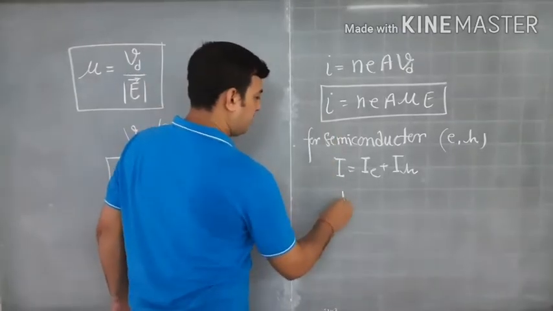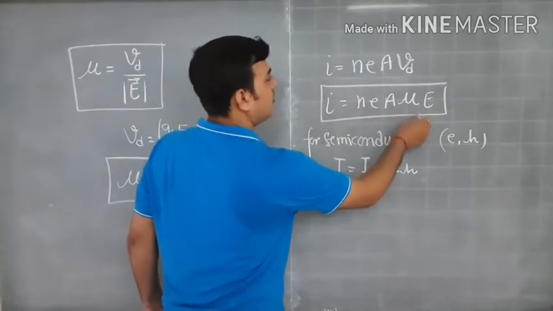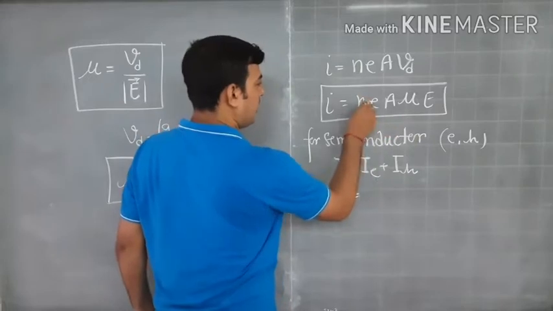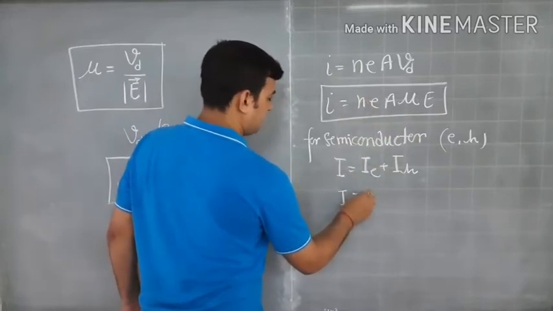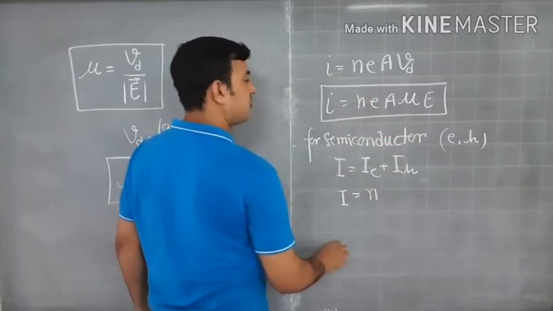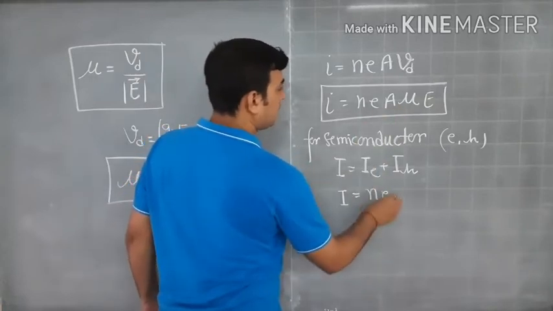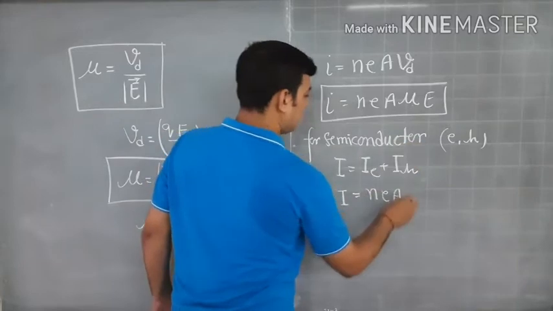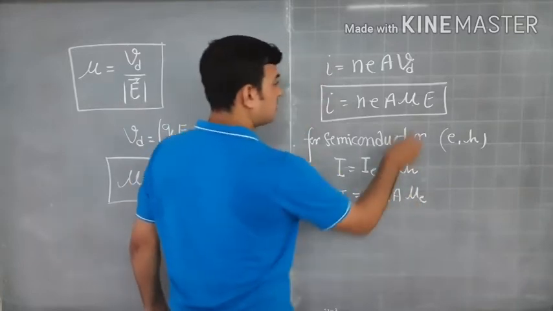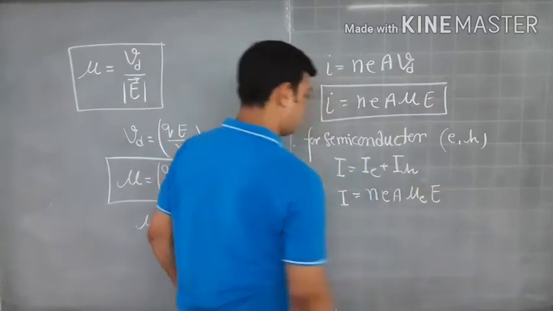If I write this equation for electrons, I write n, the concentration of electrons, e charge, A area, mu for the mobility of electrons, and E the electric field.